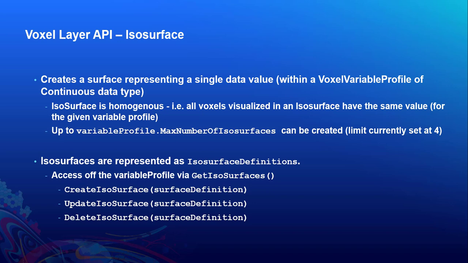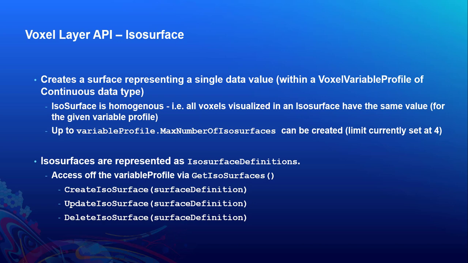You can create up to a max number of isosurfaces per variable profile. That limit is currently set at 4. To manipulate isosurfaces, you use something called an isosurface definition, and you access the isosurface definitions off the variable profile and not the layer.